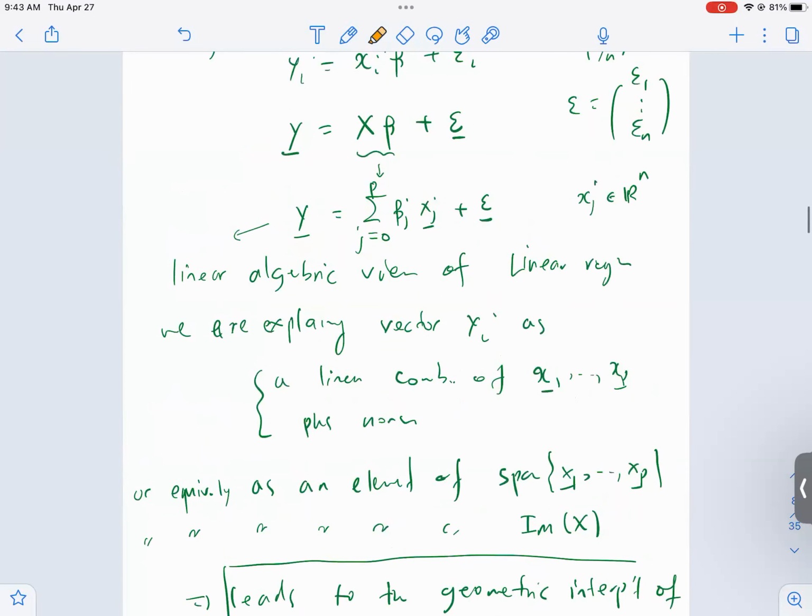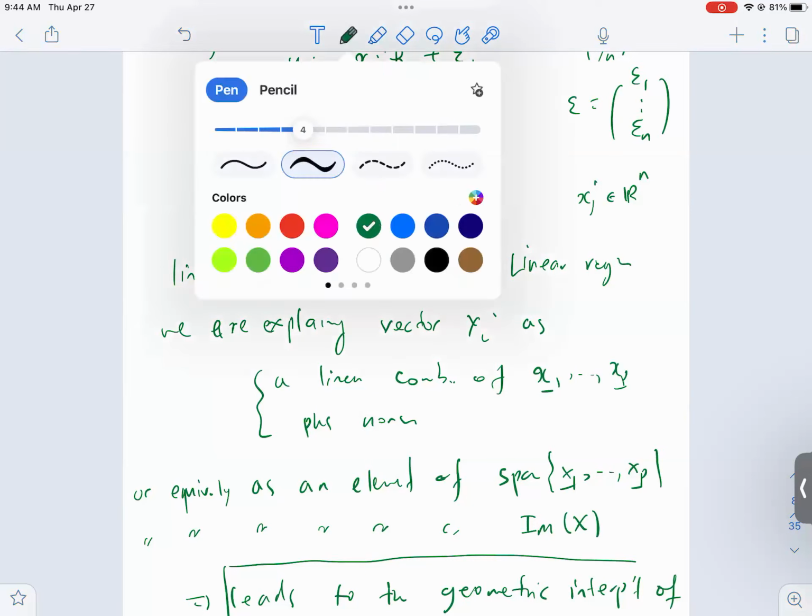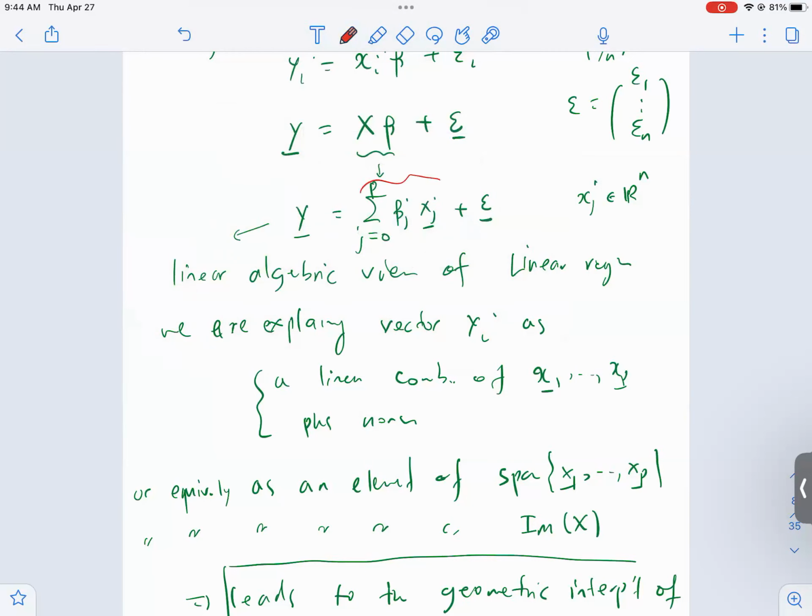Now I have this model. We can write it this way or equivalently this way. This is like saying that y can be written as a linear combination of the feature vectors plus noise. In other words, y can be written as a component, this component, sometimes we call it mu, or the mean. So this is the signal part in a sense.